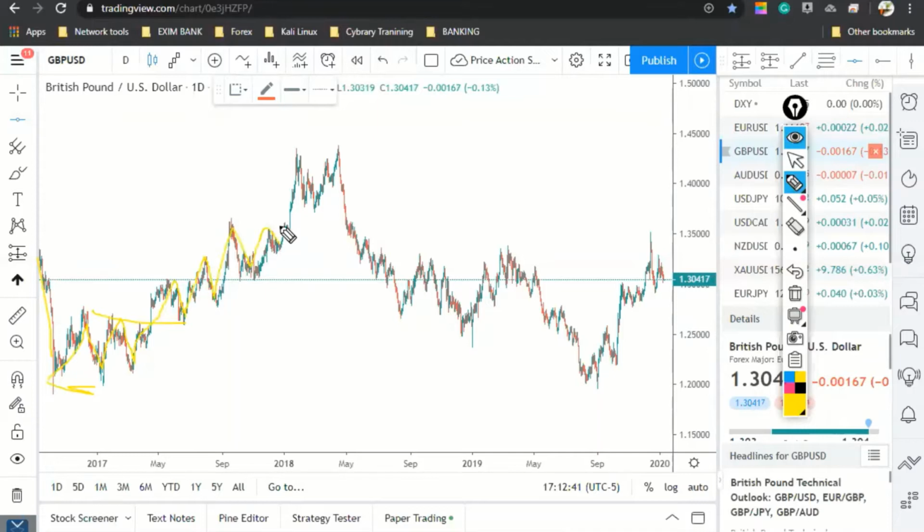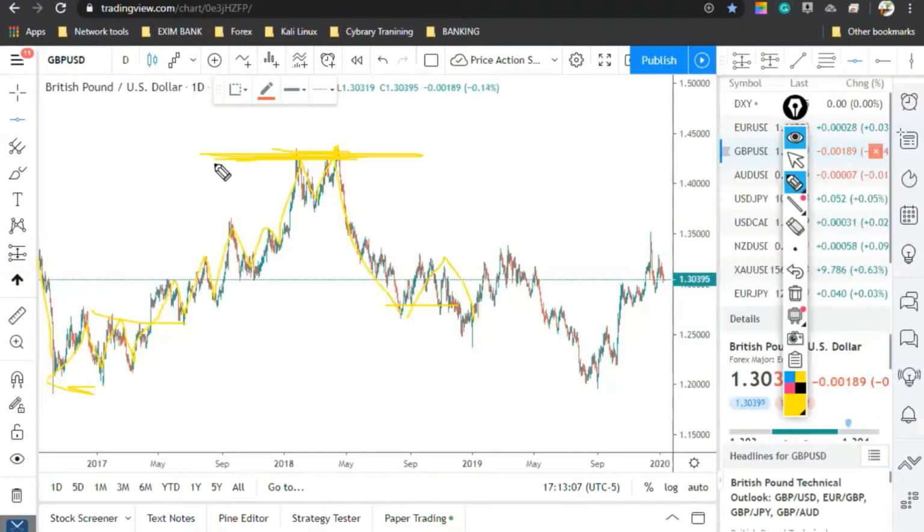Uptrend, it's bullish. Put the stop right here. Attempt again to pass right here, couldn't pass right here, right? And continue going down. So we would say that this area right here is an area of interest, an area you should pay attention to when price reaches there again.